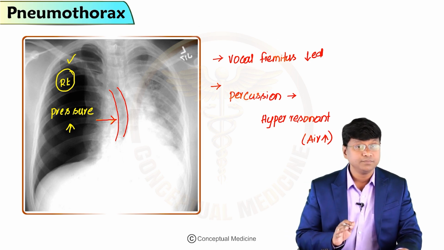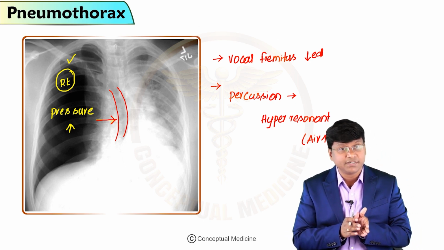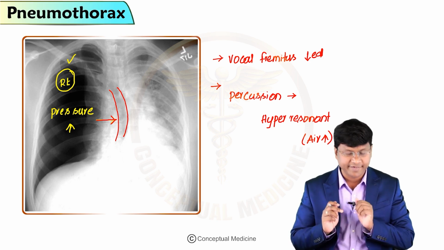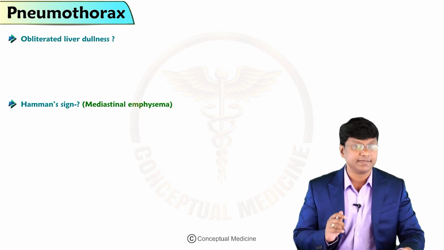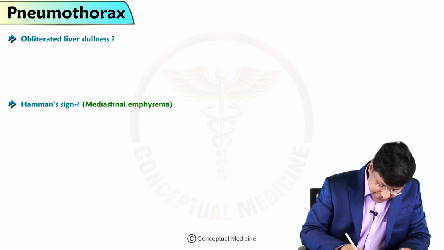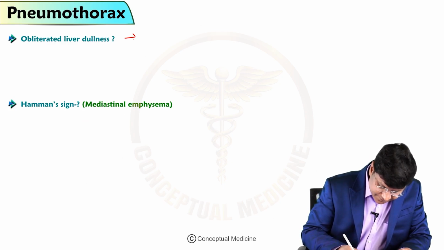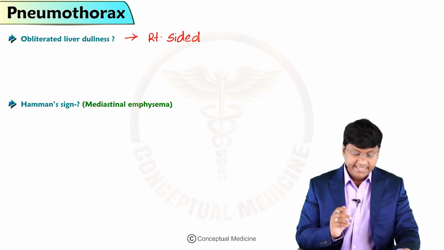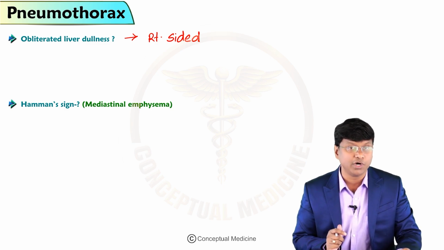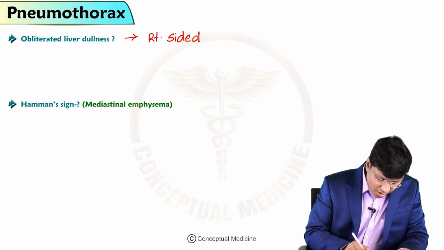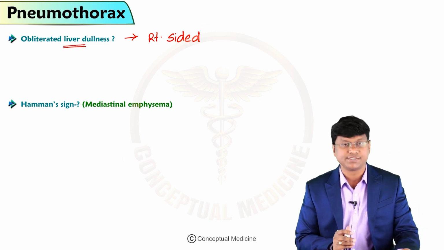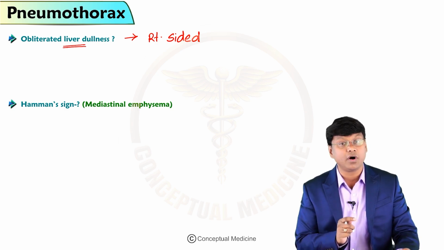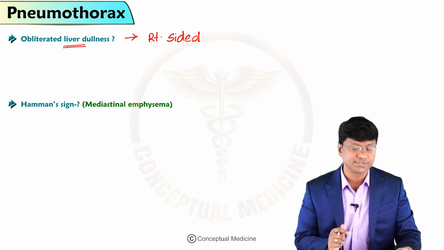Next, now you observe the liver dullness. For example, if the individual has developed right-sided pneumothorax, there will be obliteration of the liver dullness.